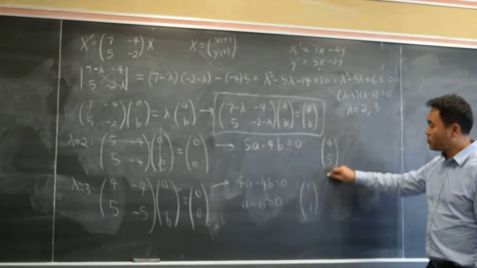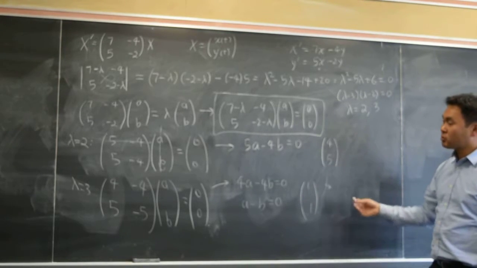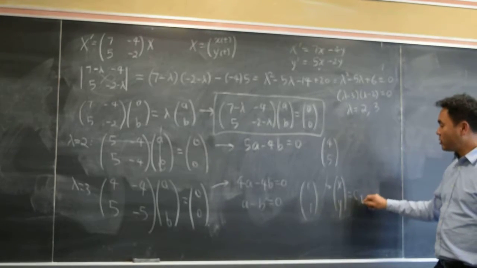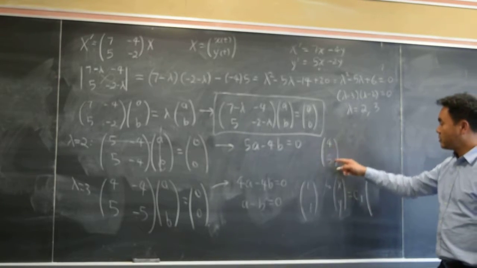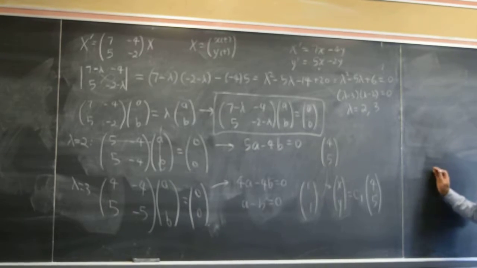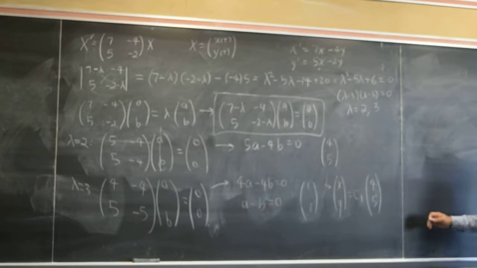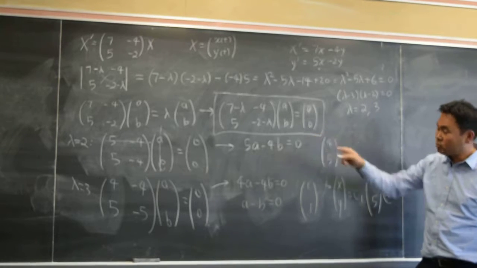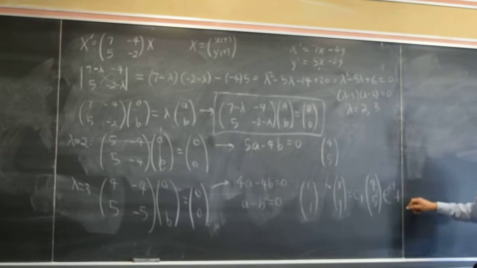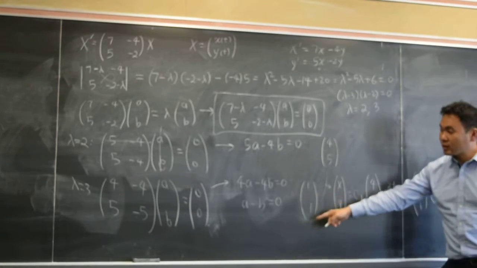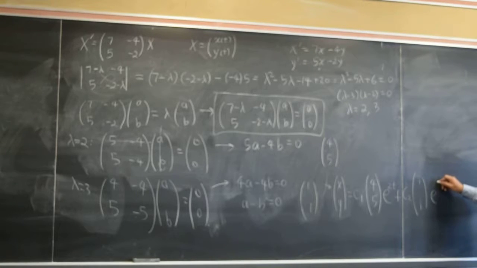All right, from these two, now what's the final solution? The final solution is that (x, y) is C1 times the eigenvector 4, 5, times e to the eigenvalue 2t, plus C2 times 1, 1, which is the next eigenvector, times e to the 3t, since the eigenvalue for this eigenvector is 3.